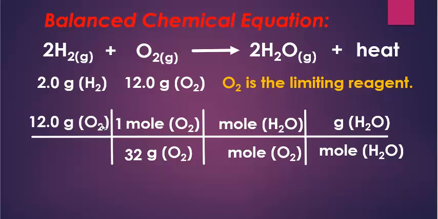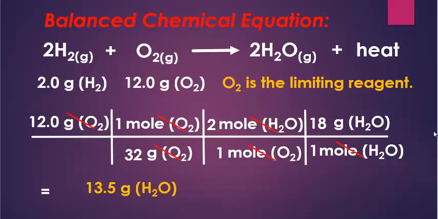1 mole of oxygen gas is equivalent to 32 grams of oxygen gas. 1 mole of oxygen is equivalent to 2 moles of water based on the balanced chemical equation. 1 mole of water, 18 grams of water. Check on the unit, and they all line up.